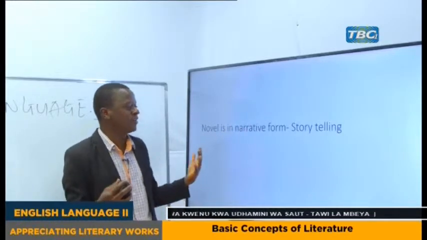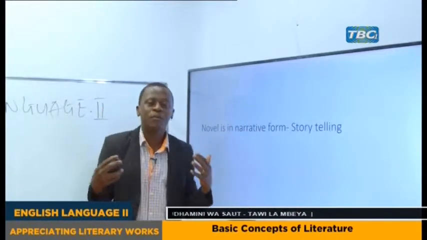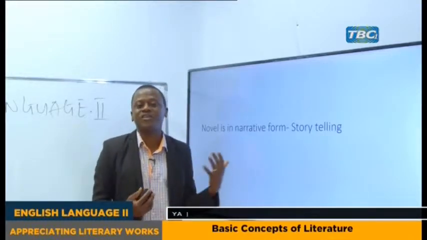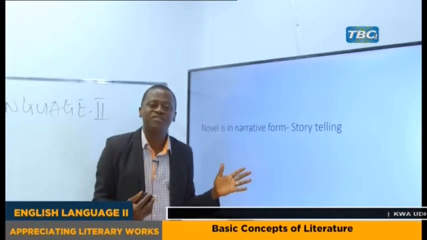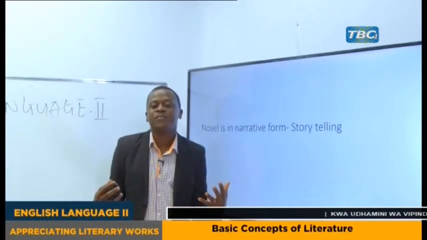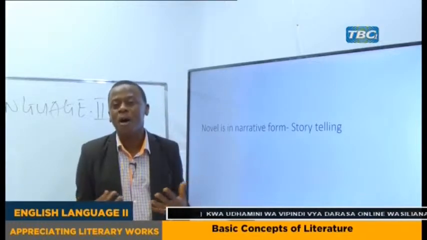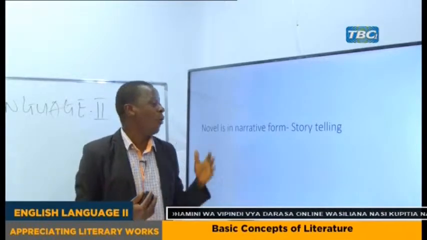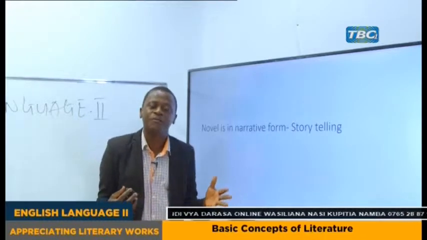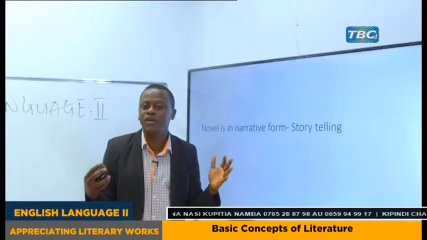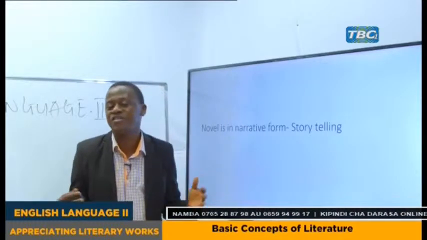One can start telling a story by the use of the first person pronoun, which is I. For example, one may start a story or his novel by saying, one day when I was traveling to Bukoba, or one day when I was traveling to Mikumi National Park, I saw different animals of different colors.